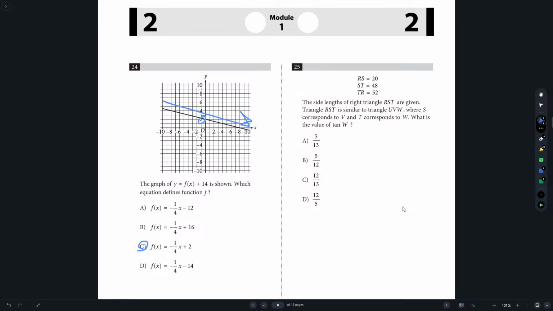25. The side lengths of a right triangle RST are given. RST is similar to UVW, where S corresponds to V and T corresponds to W. What is the value of tan W?